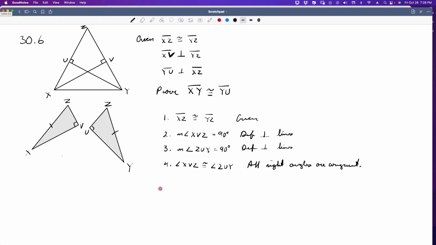So now we have Z and Z, and that is the same angle. It's right here at the top. It's the exact same angle on both of those.